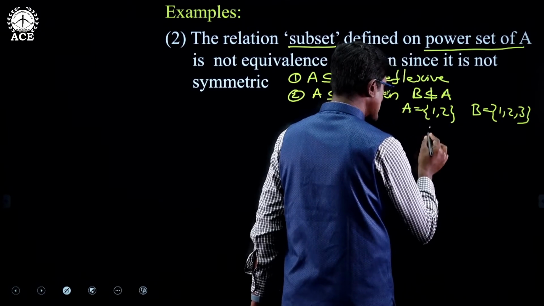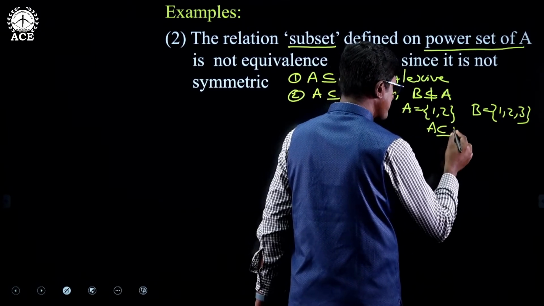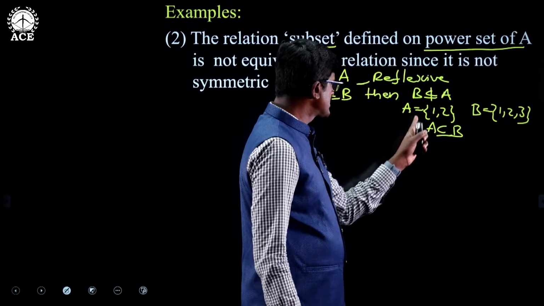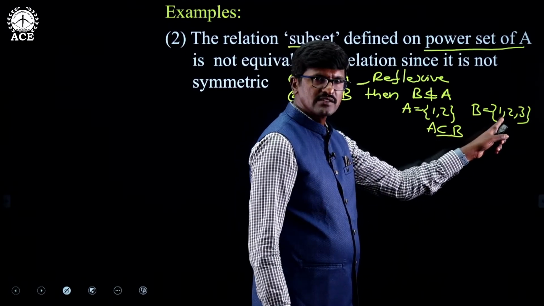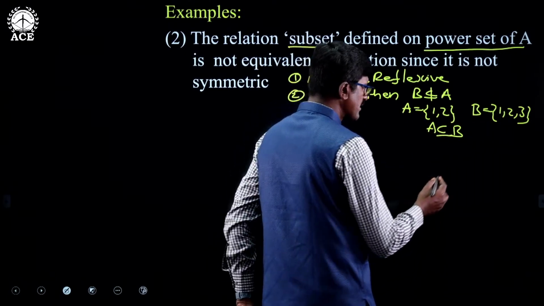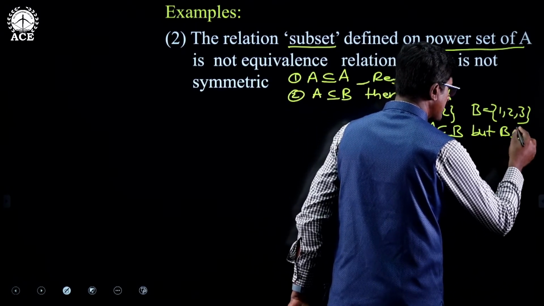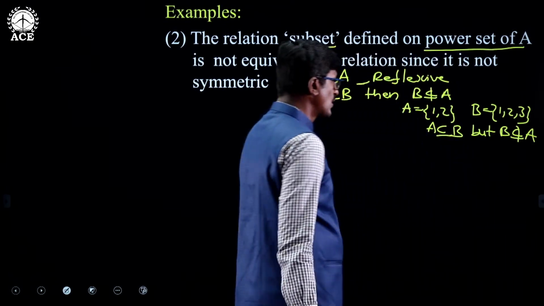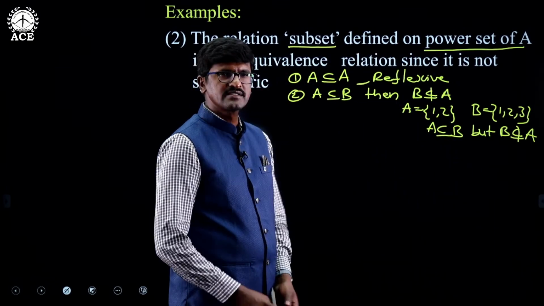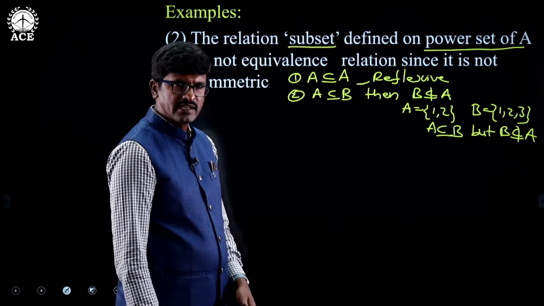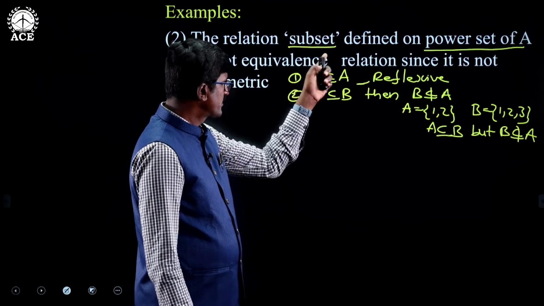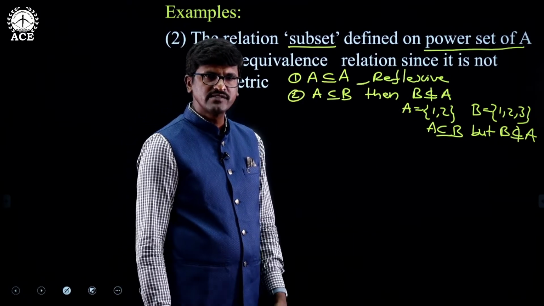If you take these two sets, here A is a subset of B because all the elements in A are elements of B. Therefore, A is a subset of B. But B is not a subset of A. So this subset relation is not satisfying the symmetric property. Therefore, this relation is not an equivalence relation.